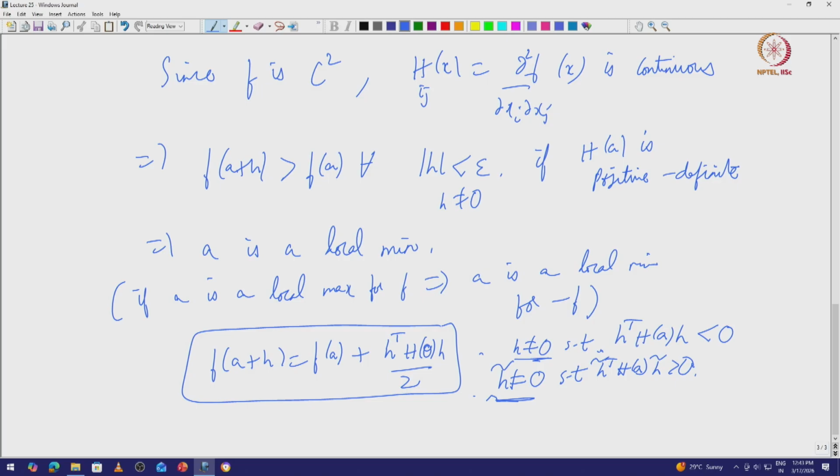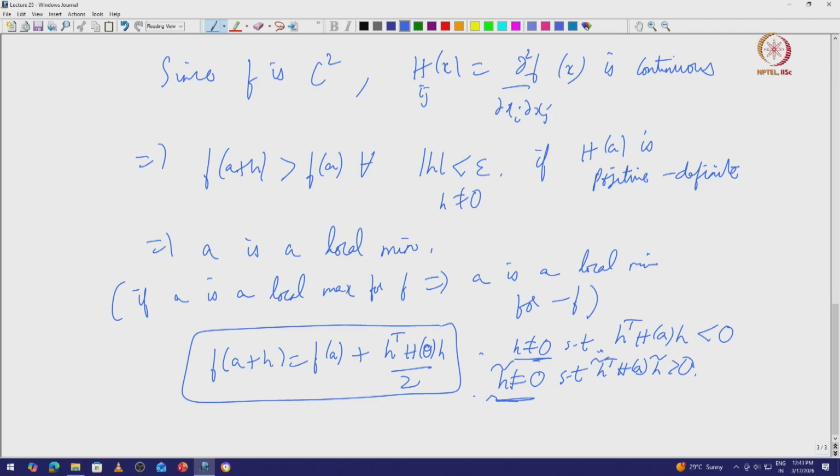Now, what we want to say is that there exists an epsilon ball around a, so that h of theta is neither positive definite nor negative definite on this entire ball.